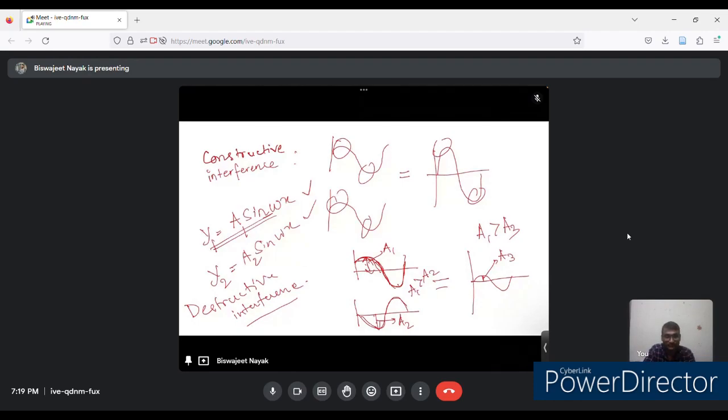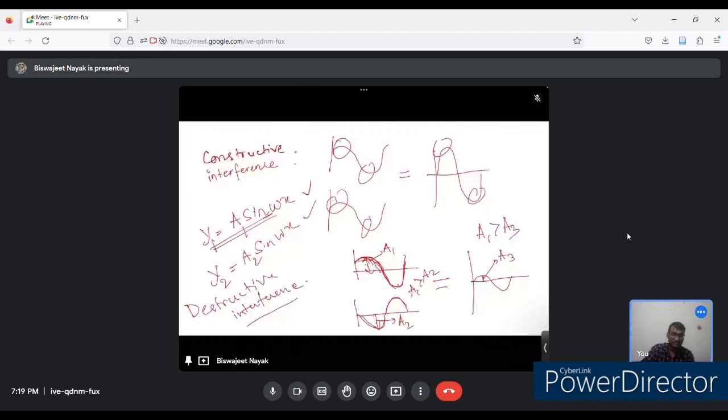So you are saying for destructive interference, the amplitude will be the same but the phase will be opposite? For simplicity, I have taken opposite phase but different amplitude.